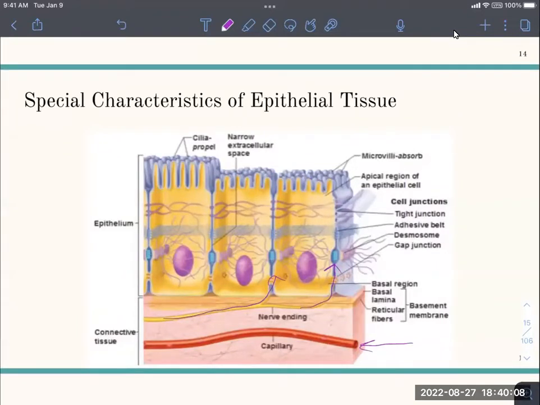We have our desmosomes and tight junctions here that are helping to hold the cells together. We have an apical surface on top and a basilar surface on the bottom. These are all helping to give this epithelial tissue its specific characteristics.